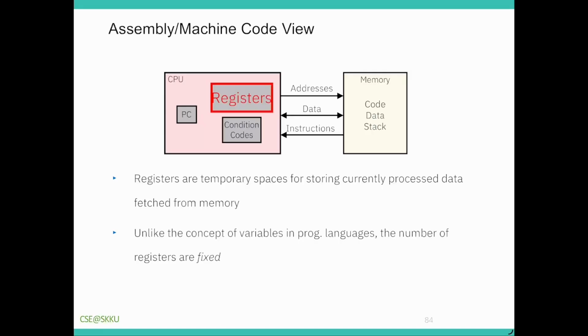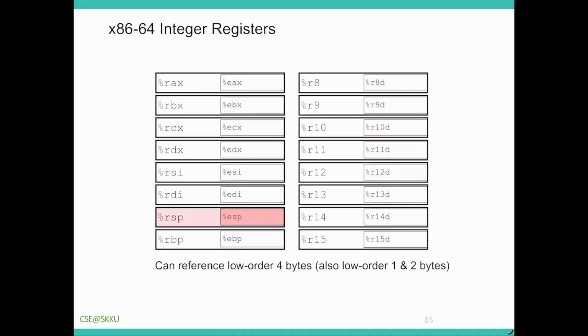The number of registers is fixed. These are the integer registers that are available on x86. They are kind of like fixed variables, similar to having fixed variables in C programming, where we can temporarily store and process data.